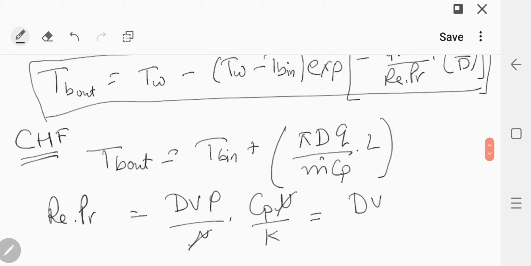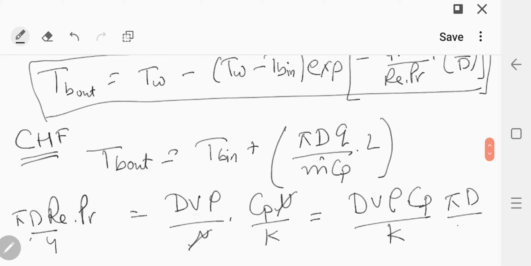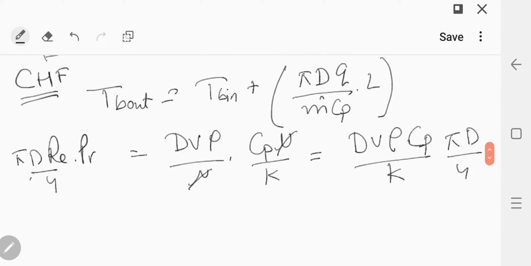So we have d V rho Cp by K. And multiplying both sides by pi d by 4, what do we have over here?